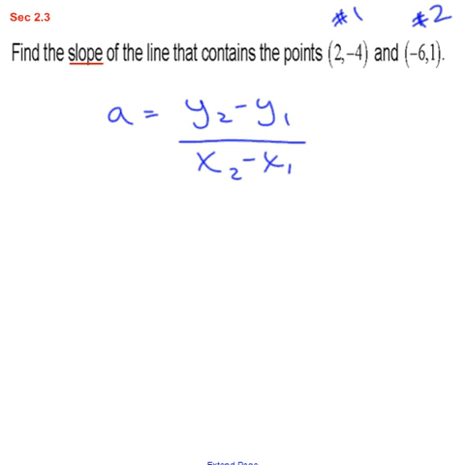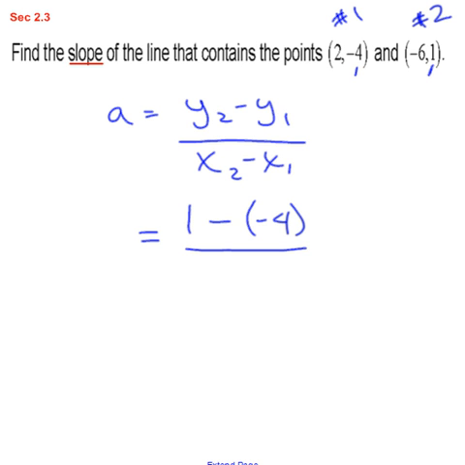Then my equation becomes the y of point number 2, so that's 1, minus the y of point number 1. Be careful when you do this, it's minus whatever that y is, so that happens to be a -4.